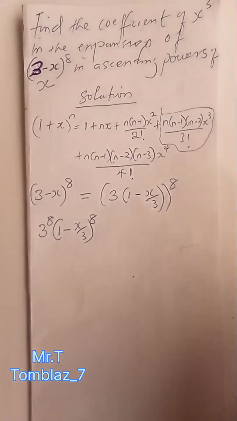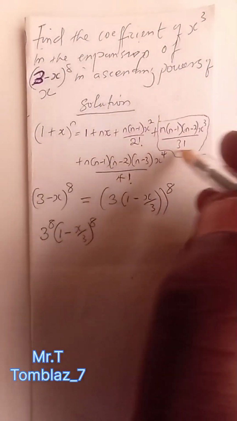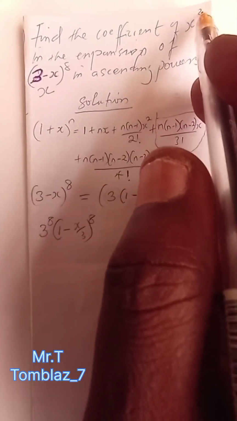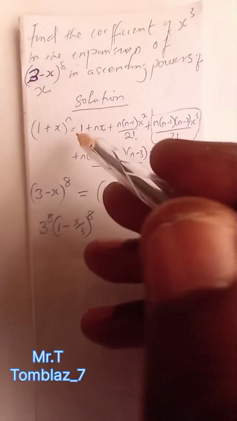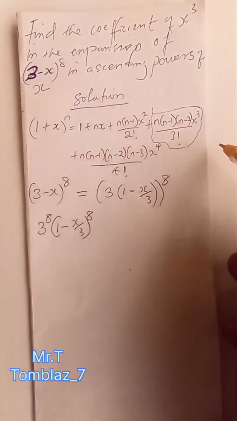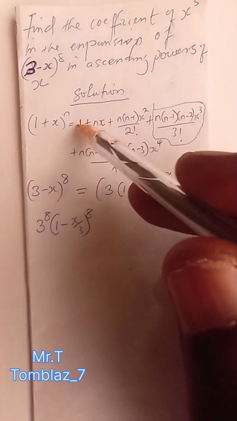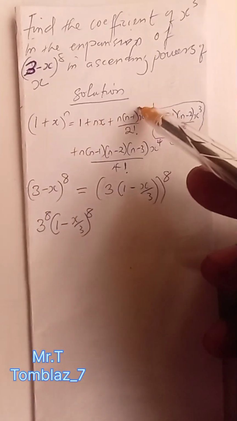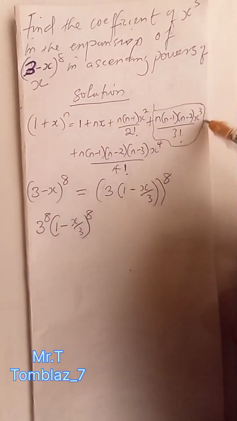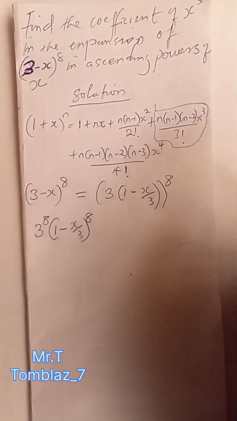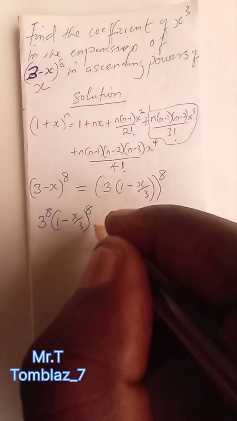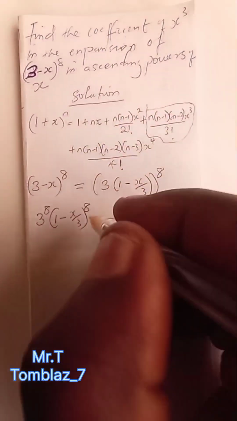Alright, then I'm looking for the coefficient where the power of x is 3. Now you can see that these x are moving in ascending order, right? From x raised to power 0, x raised to power 1, x raised to power 2, x raised to power 3, x raised to power 4. So I'm going to be using only this one now.